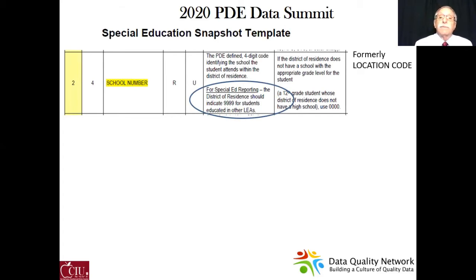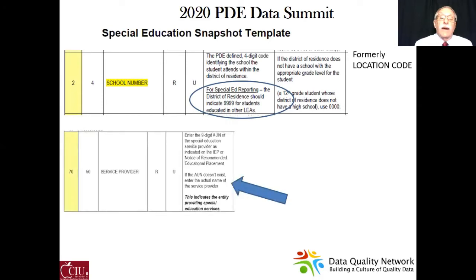And for service provider, whoever is providing the service, this is where we will put the 9-digit AUN of who is providing the service. This can be either a PIMS reporting entity or a non-PIMS reporting entity. And if the organization doesn't have an AUN, you can use text there and just put the name in.